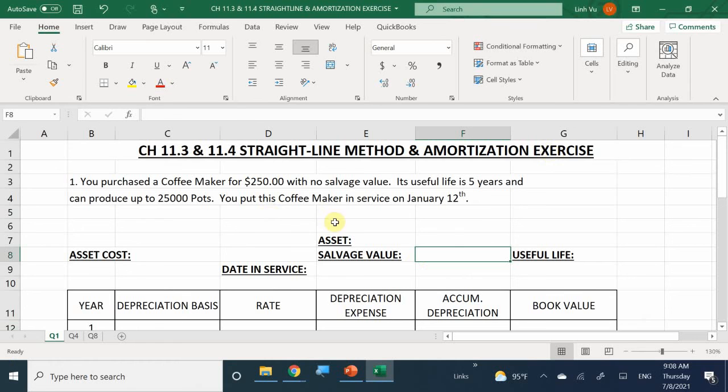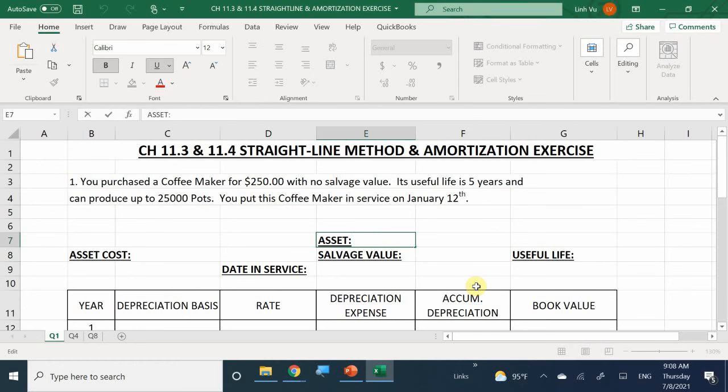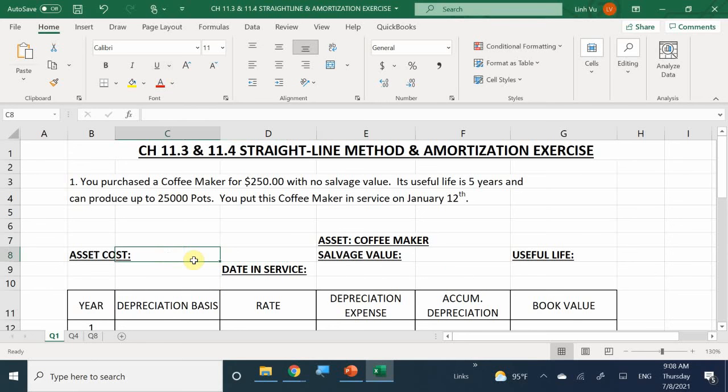In this case, what kind of asset did I purchase? Or what did I buy? Coffee maker. How much did my coffee maker cost me, or what's my total asset cost? $250.